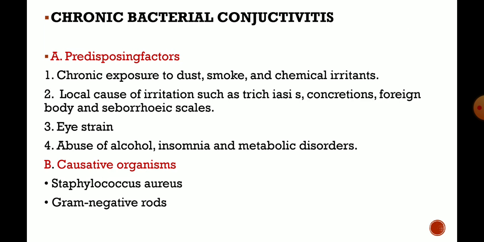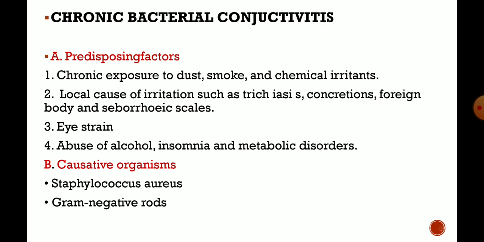Chronic bacterial conjunctivitis. You are exposed to smoke, dust, and chemicals. The predisposing factors: you are always exposed to dust and smoke, or always have some irritation on your lids, some trichiasis, concretions, foreign body, you are straining the eyes, alcohol abuse or some metabolic disorders.